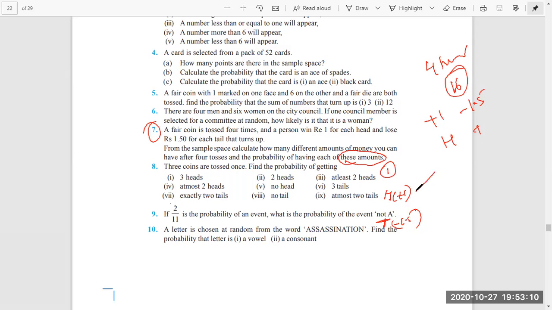If you get head, again you'll get either head or tail in the second chance, same as here, again in the third, and again in the fourth chance. You'll get 16 in all.